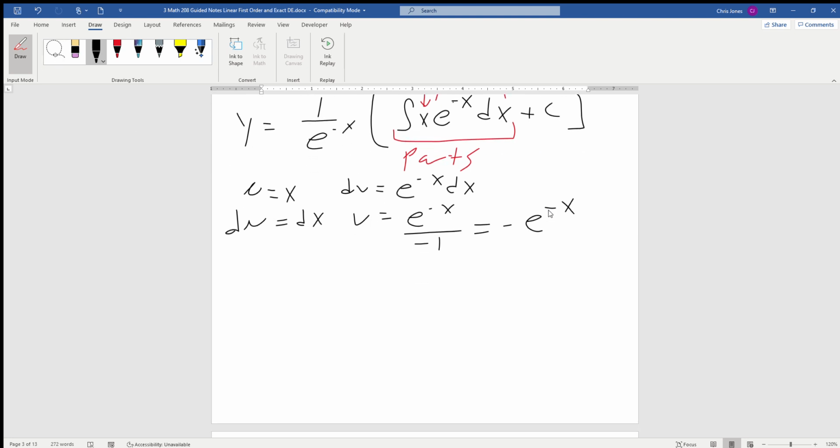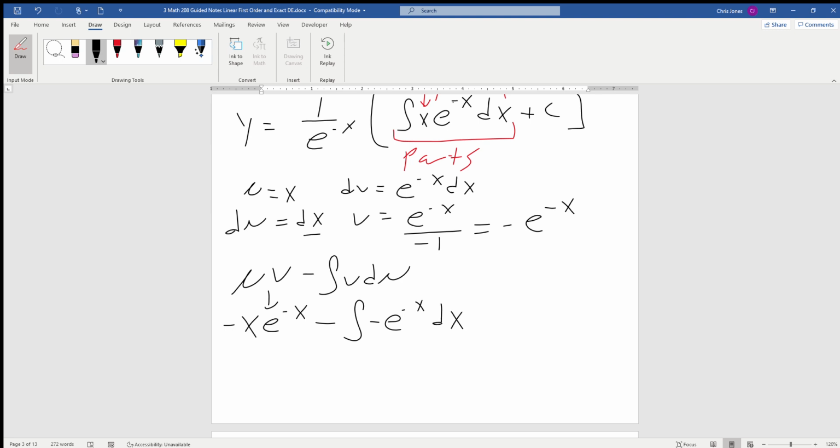Our formula for parts is uv minus integral v du. And so that's going to be x times -e to the negative x, so that's -xe to the minus x, that's uv, minus the integral of v, which is -e to the minus x, times du, which is dx. Again, there's that c in there.